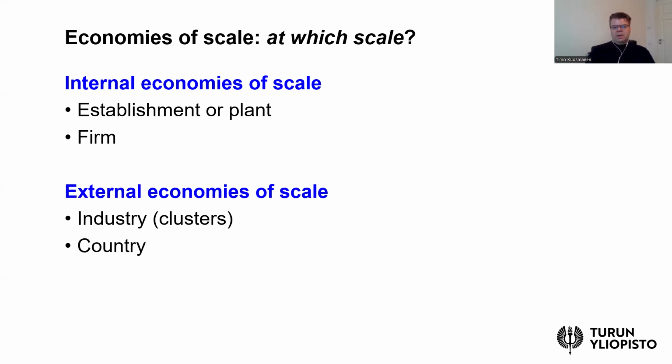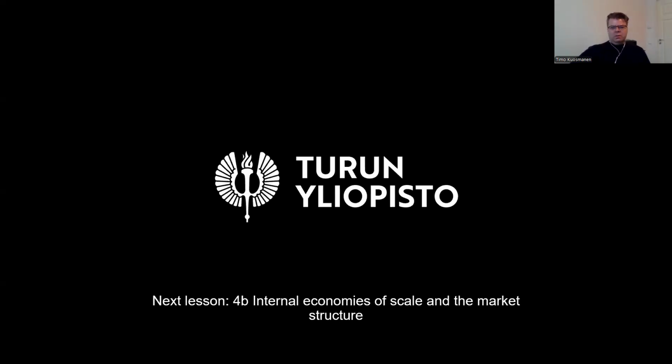This is the question of whether a large country enjoys some kind of benefit over smaller countries, for example, due to its bigger market size. These industry level and country level economies of scale are referred to as external economies of scale. I will come back to both types of economies of scale in the following video lessons, and I will start with the internal economies.